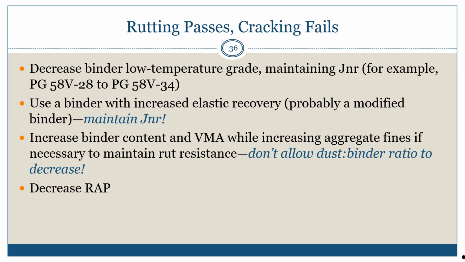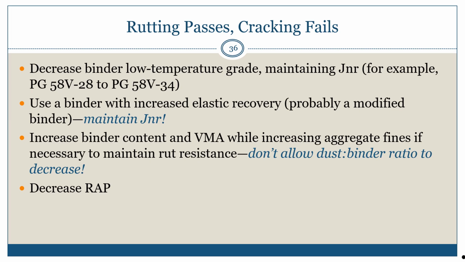For instance, go from a PG 58V-28 to a PG 58V-34. Another thing we can do, if we already have a modified binder, is look for one that has increased elastic recovery. But again, you want to make sure you maintain Jnr. By maintaining Jnr, we're going to ensure that our rut resistance more or less stays the same.